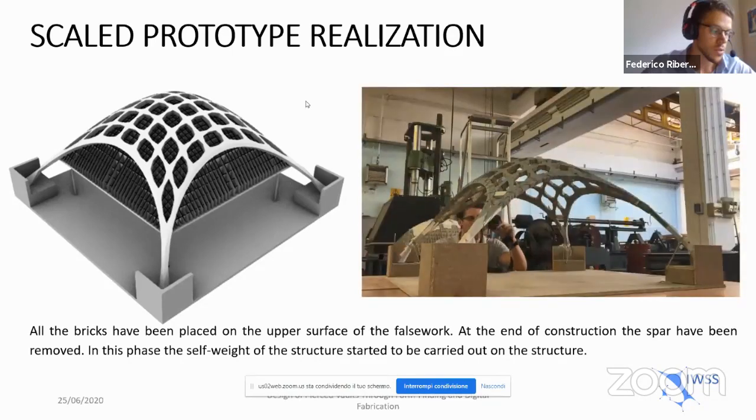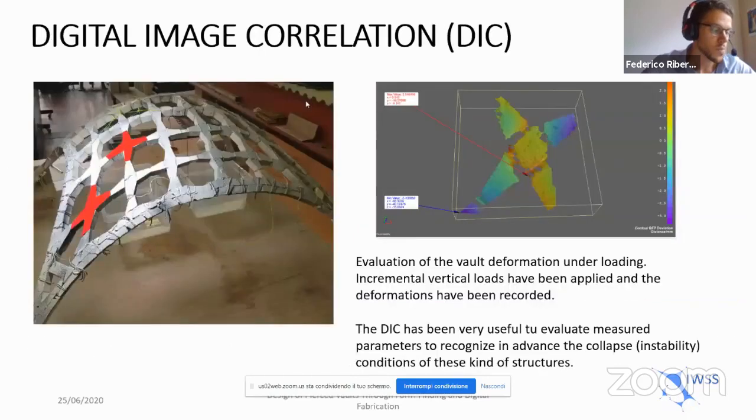In this phase, the self-weight of the structure started to be carried. Digital image correlation has been used to monitor the loading. An incremental vertical load has been applied on the structure, and the deformations have been recorded.